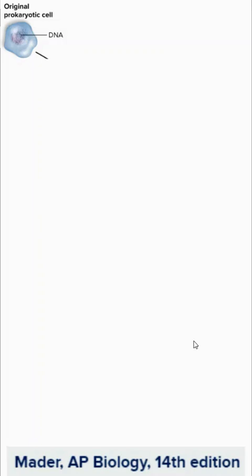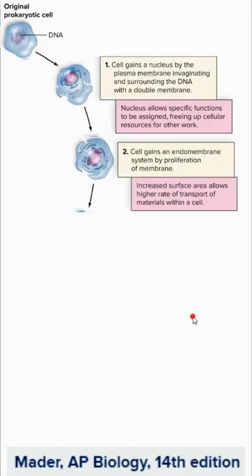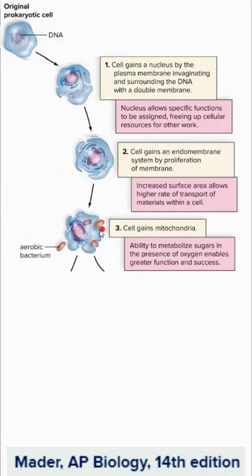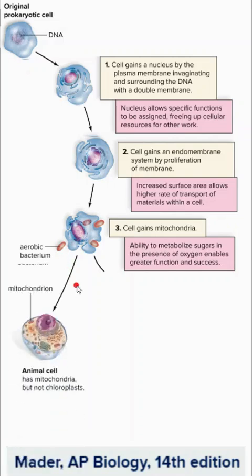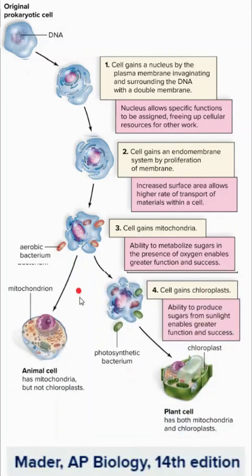So this whole endosymbiotic theory, we have original prokaryotes, and they have infoldings, and we get our nucleus. We also get an endomembrane system. This original massive cell takes in some bacteria, which then become mitochondria, and then those also take in chloroplasts.